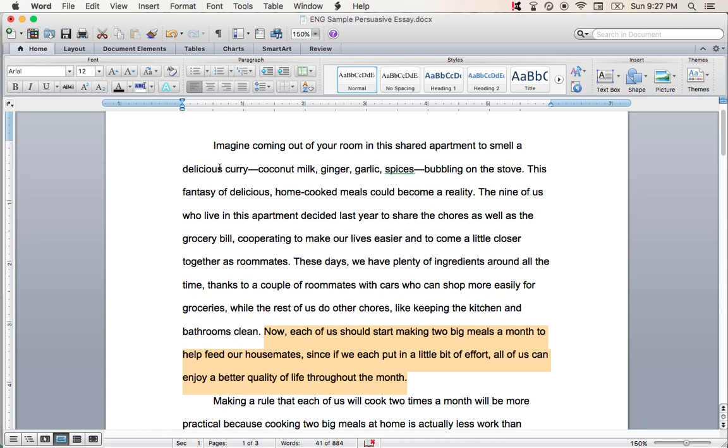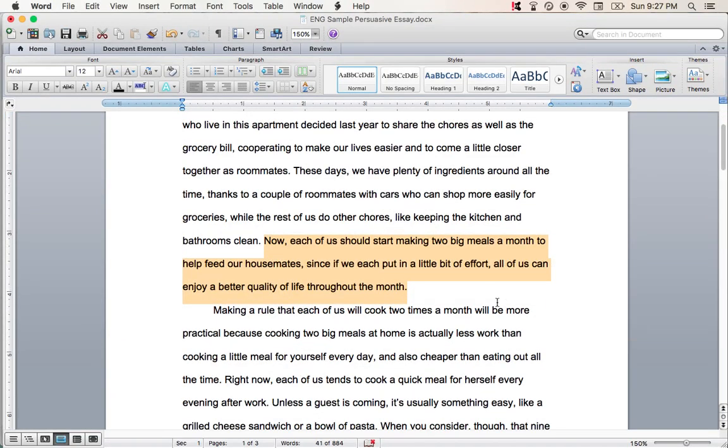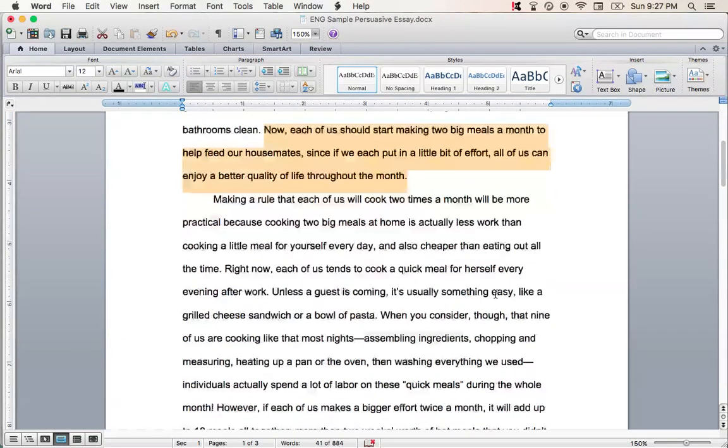So, to make sure that they read the whole essay, you start with a hook to get their attention and keep them reading. Then you give them the background information that they need to understand the situation so that they can understand the thesis statement. Then you give them the thesis statement itself once they're ready. At the end of the introduction, here's the most important sentence. Here's what I want you to believe, what I want you to agree with. And now I'm going to spend the rest of the essay proving to you that you should believe it.